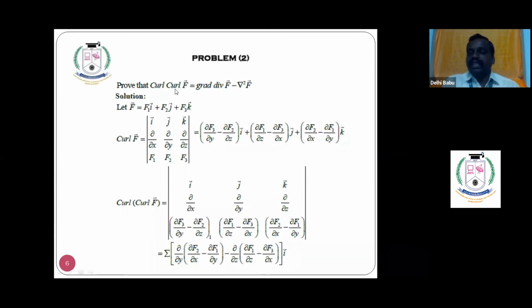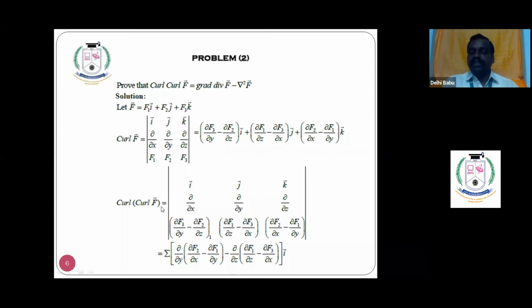Now the left hand side is curl f vector, so we got curl f vector. Once again we will find curl f vector. Curl is nothing but del cross, so once again the del cross product comes. The determinant has i vector, j vector, k vector as the first row, and in del the i vector term is dou by dou x, j vector term is dou by dou y, k vector term is dou by dou z.